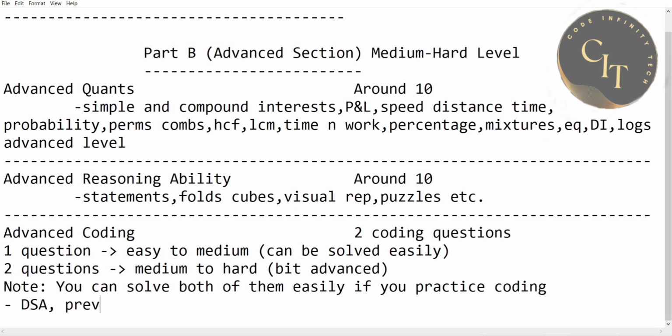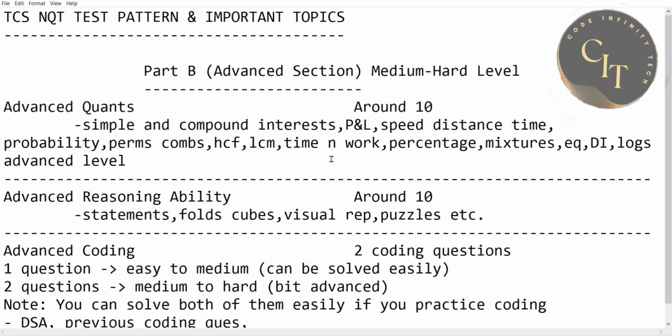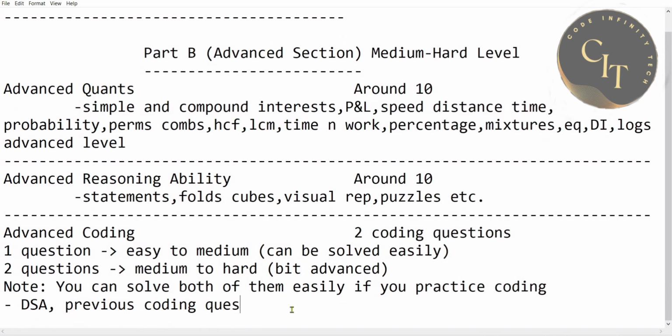You can solve one question very easily, and you can also solve the second question, though it is somewhat tricky. If you are comfortable with coding and have a lot of practice, and if you solve DSA and use platforms like CodeChef, HackerRank, HackerEarth, you can easily get through this coding round, it is not too difficult.